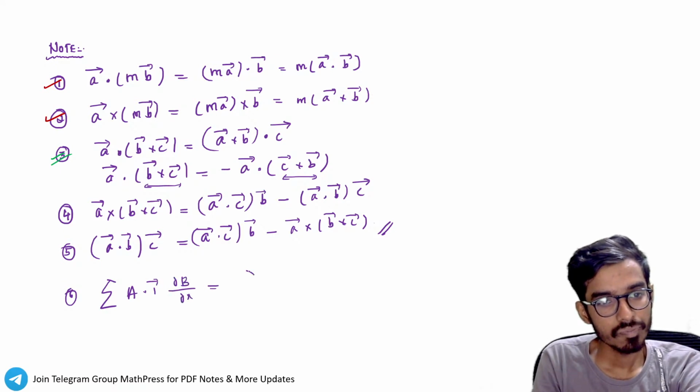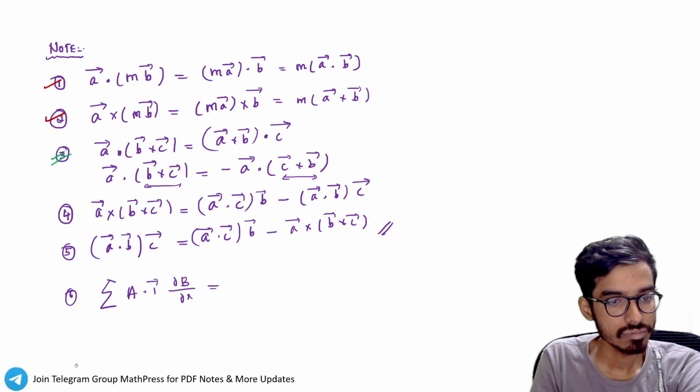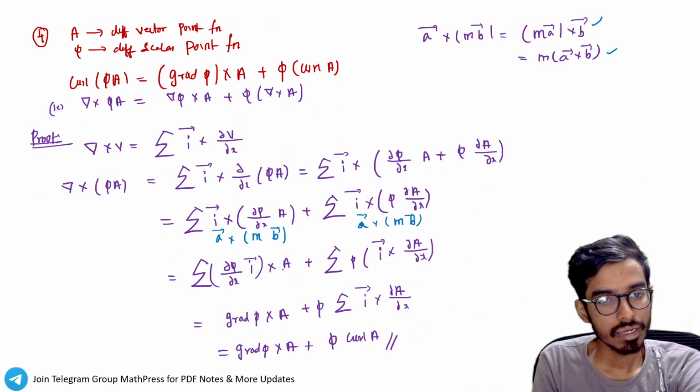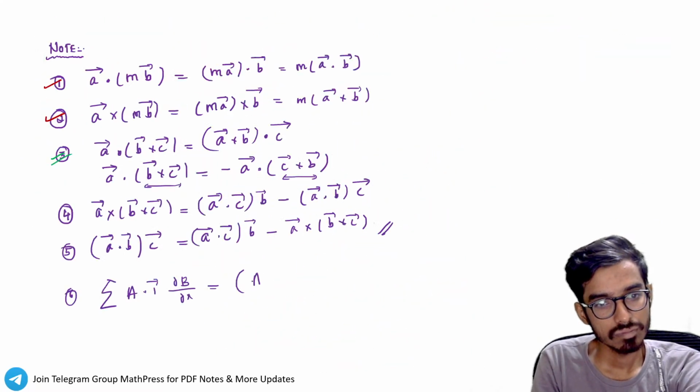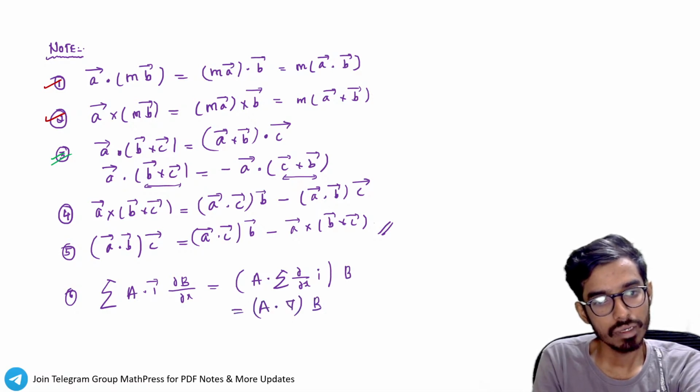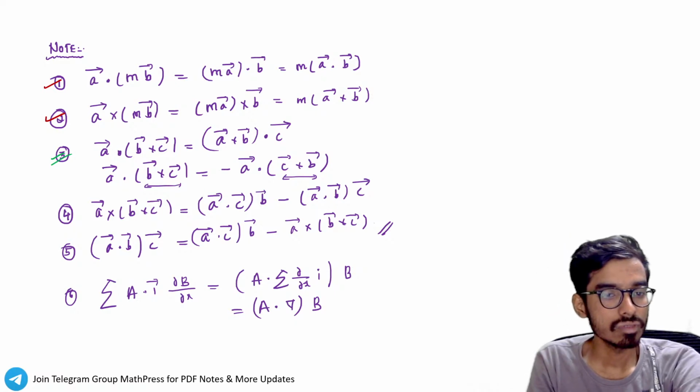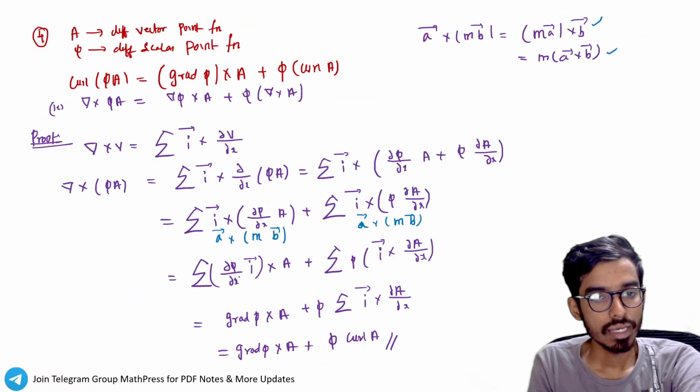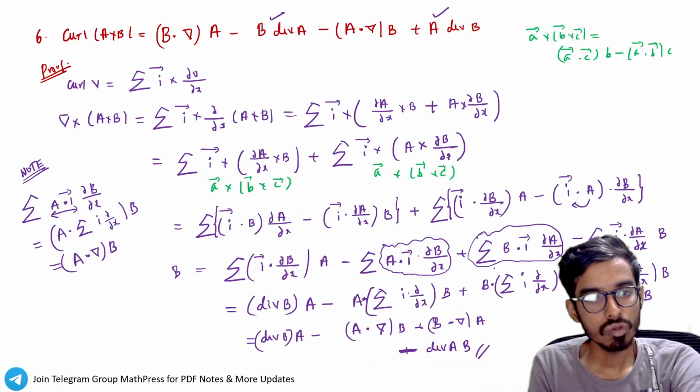This is the same as summation A dot dou by dou x of I into B. This is nothing but A dot del into B, right? Remember this so that you won't forget. I applied this result, note 6, to both here.